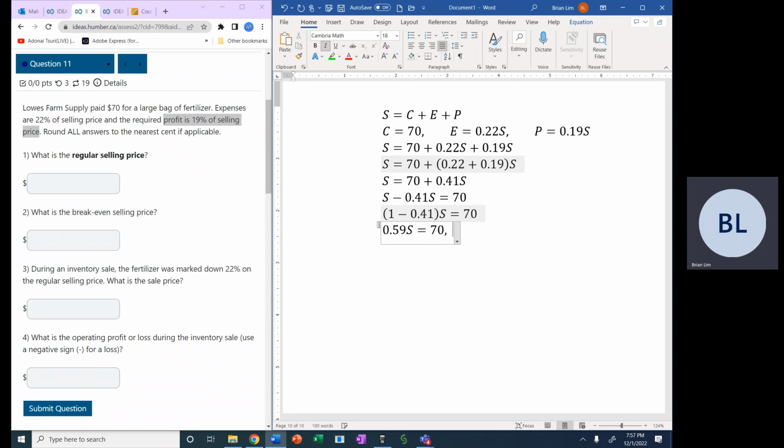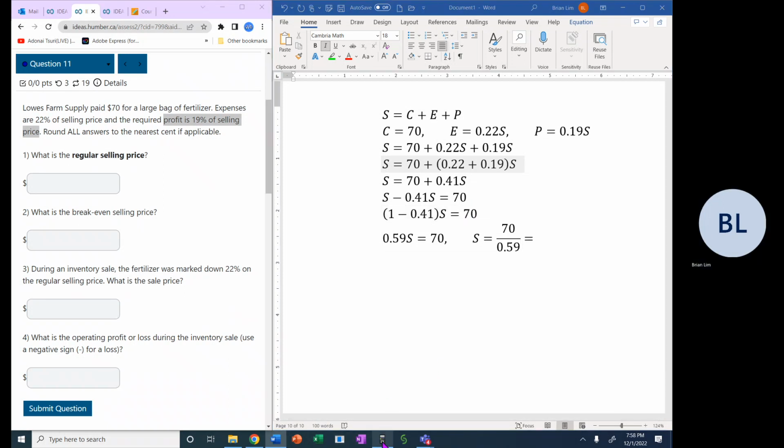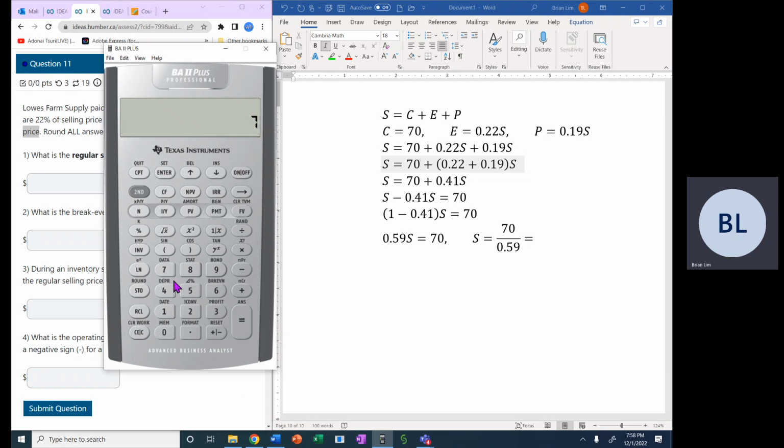And with that, we would have s is equal to 70 divided by 0.59, which is equal to 118.64, correct to 2 decimal places.